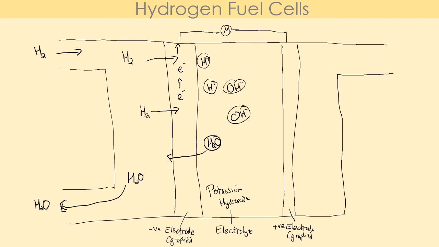We have a half equation we can write here for the negative electrode. So we have hydrogen will react with hydroxide ions to form water, and we obviously lose electrons as well.